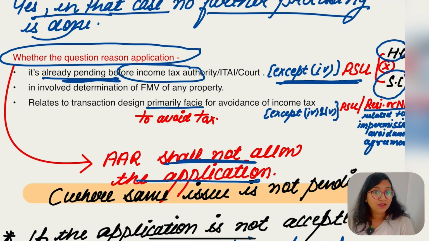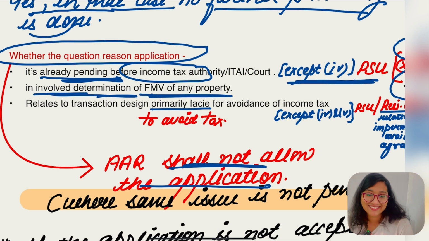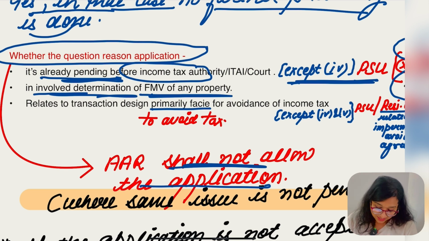Even though their case is pending before the Income Tax Authority and ITAT, they can go for advance ruling, but not if their case is pending in the High Court and Supreme Court. Is it clear? Yes. Second, if the transaction involves determining the fair market value of the property, obviously.